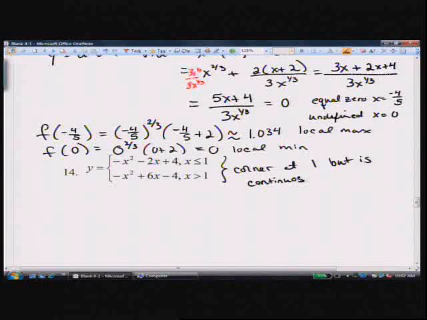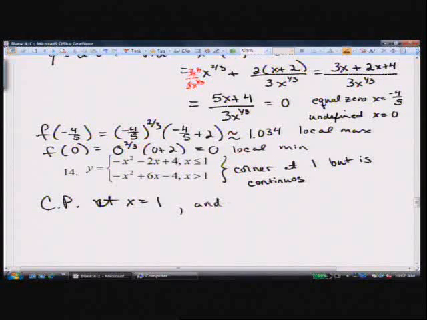So it's going to change shape sharply, but because you get the same value when you put 1 in coming from the left or the right, your limit exists there. It's just that your derivative doesn't. You're going to have a corner. So your critical points are going to be where the derivative is undefined at x equals 1, and also where each of these equals 0.